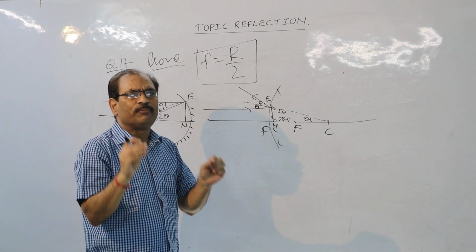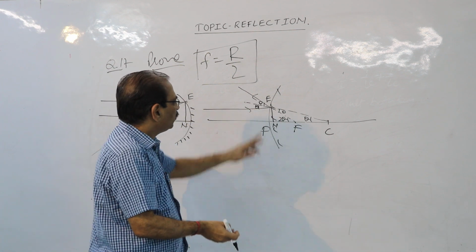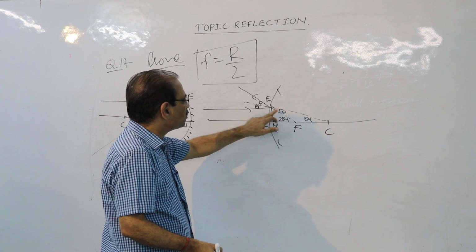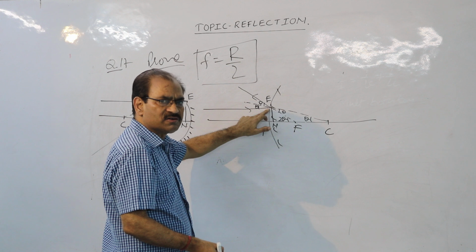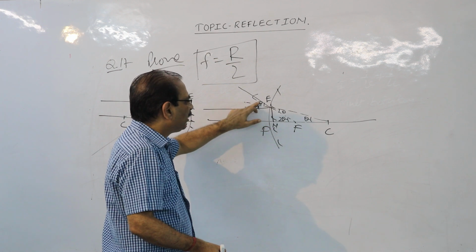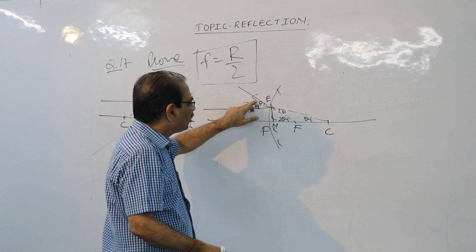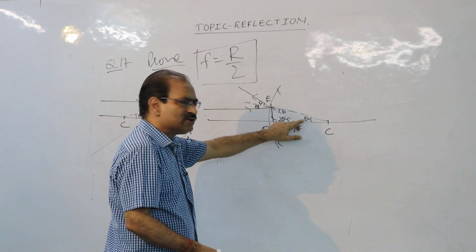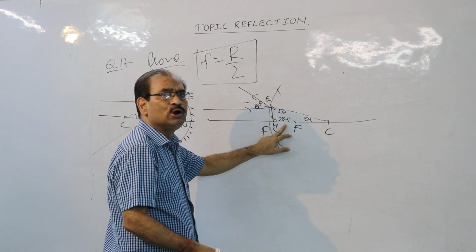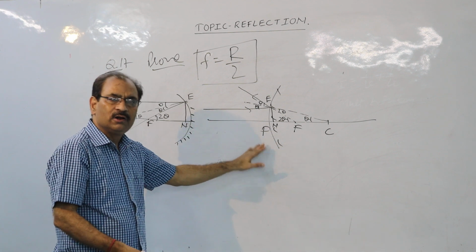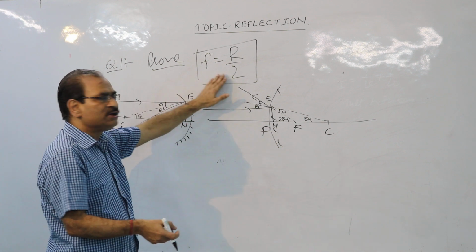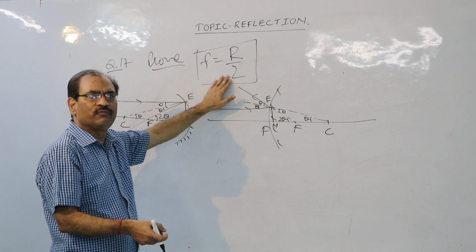This is the simple geometry of 10th standard. These two are vertically opposite angles. If it is theta, it is also theta. So this angle is made at the circumference, this will be divided into two equal parts. If it is theta, this will also be theta, and this angle will become twice theta. So with the help of these two elementary diagrams, children, you are supposed to prove f is equal to r by 2 for both the types of mirrors.